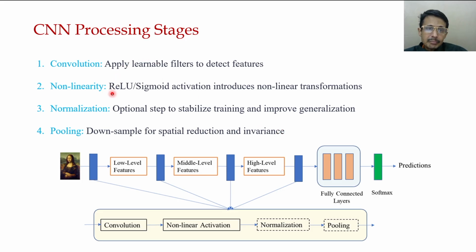So these are the four major verticals: convolution, nonlinearity, normalization, and pooling. As we see in this picture, these four are the main submodules in a particular convolutional neural network module. And if this is an image, there will be modules like this.